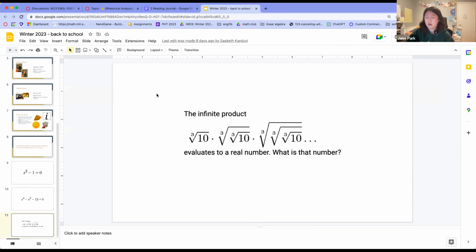But another way that our advisor showed us is doing 10 to the 1/3 to the n power, using that infinite series, and saying that because it's a geometric series, it converges. And we found that it converges to 1/2. So you get the same answer with both of them. I just thought that was cool. That is cool. Yeah, I definitely would have taken the series route, because that's what I prefer.